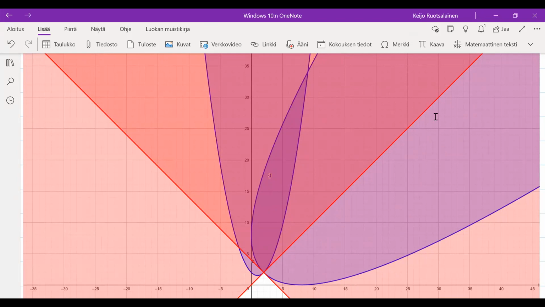So it means that I draw the tangent lines for both functions. So I consider both constraints independently. And I first draw the constraints which relate to the first parabola, the gi.